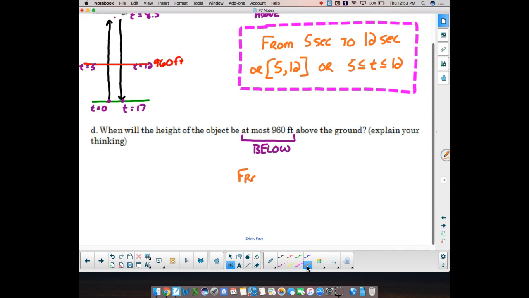From 0 seconds to 5 seconds, and 12 to 17 seconds.